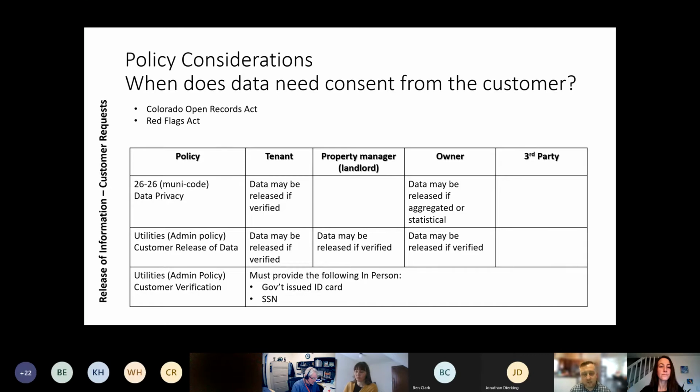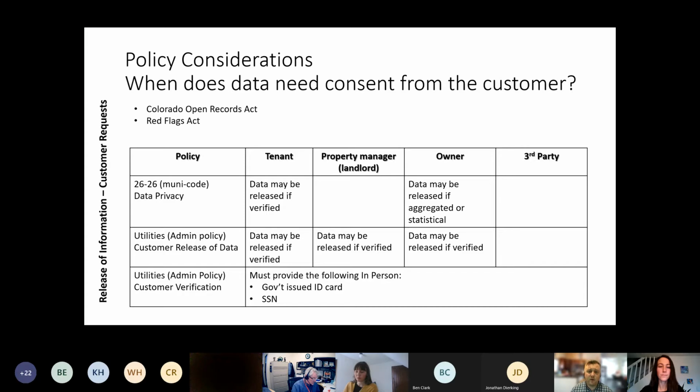We have a number of administrative policies and codes that have been adopted by our city council, but these are the boundaries that we're playing in here. Across the top of this matrix here, I tried to highlight our customers as we see them, and these are the folks that are requesting data.